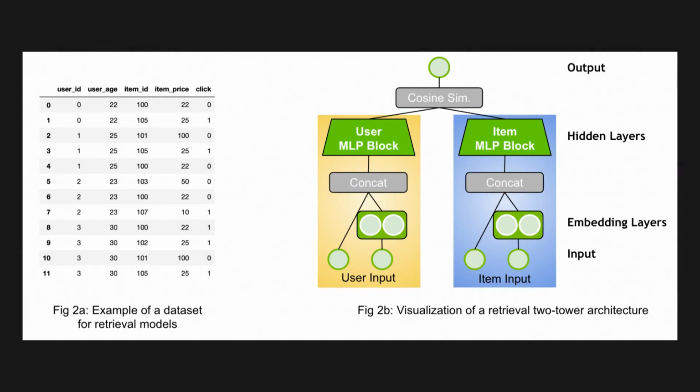Each tower is trained independently. This independence allows the embeddings to be generated offline for items and online for users. The final retrieval score between a user and an item is computed via the dot product. Optionally, you can use cosine similarity to normalize both vectors.